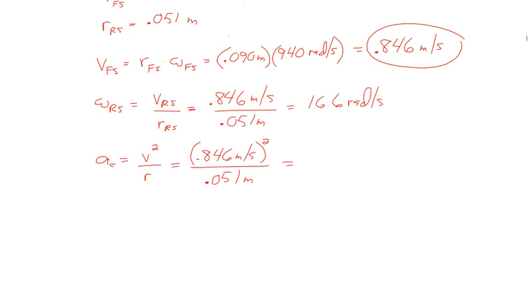And that should be the same answer I would get if I used a_c equals r omega squared: 0.051 meters times the omega, which was 16.6 radians per second, squared. I should get the same answer for both of these. And what is that answer? 14.0.